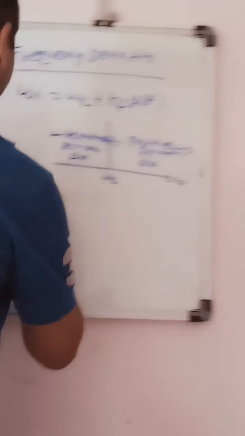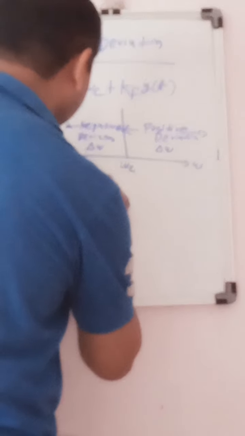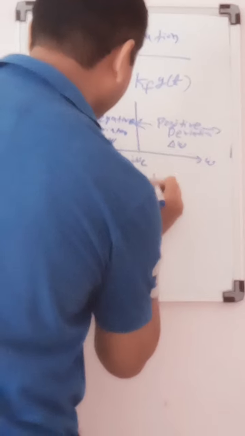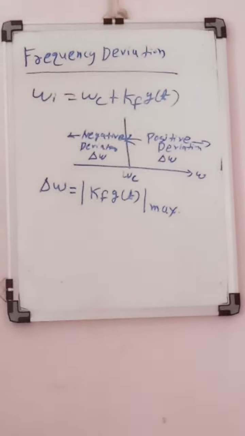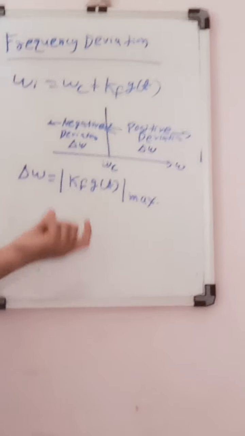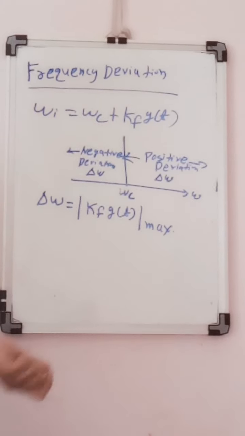So what is this delta omega? Delta omega is mathematically expressed as the maximum value of kf g(t). So the sign and magnitude of this kf g(t) will decide the maximum deviation.